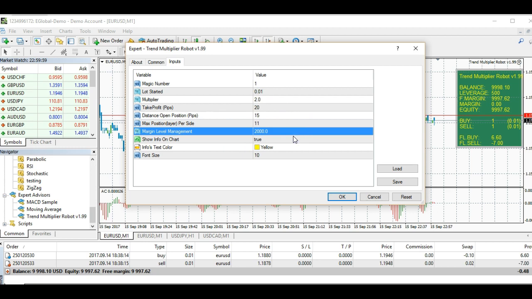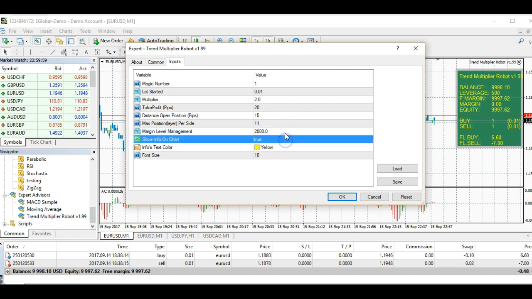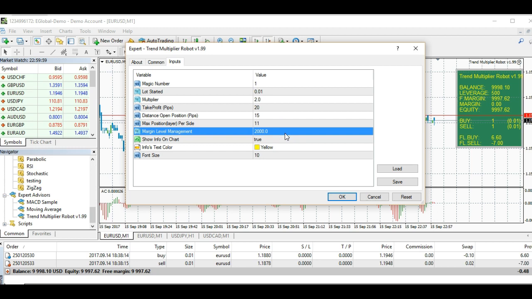All right, so margin level management is another portion of taking care of your account to prevent it from bursting. The purpose is this: let's say the default setting here is 2000%. If your account reaches below 2000%, it won't continue your trading anymore.